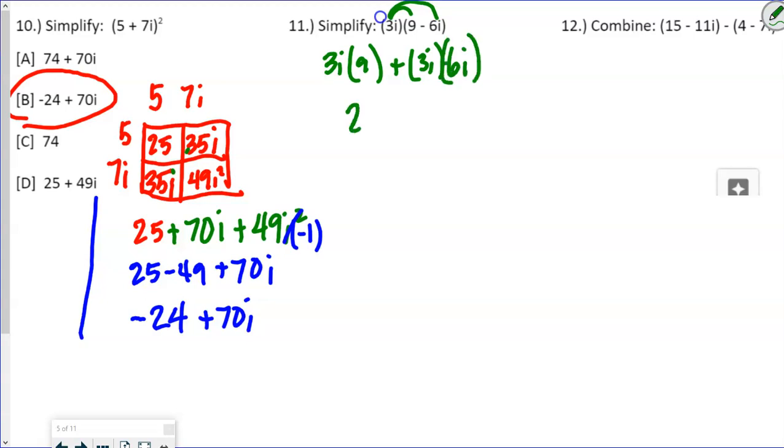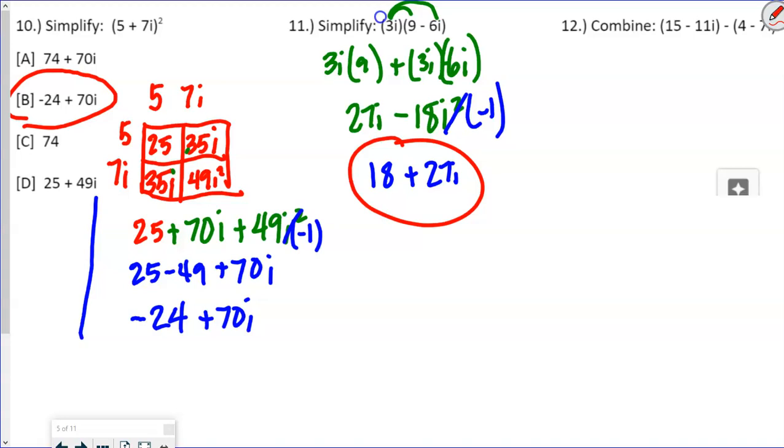Okay, so this is going to be 27i, and this is going to be minus, right? A negative times positive is negative, so that's negative 18i squared. What do we change the i squared to, y'all? A negative 1. So this is going to be negative times a negative is positive, so I'm going to write it in standard form, so it's going to be 18 plus 27i. That's our answer, y'all. Okay?